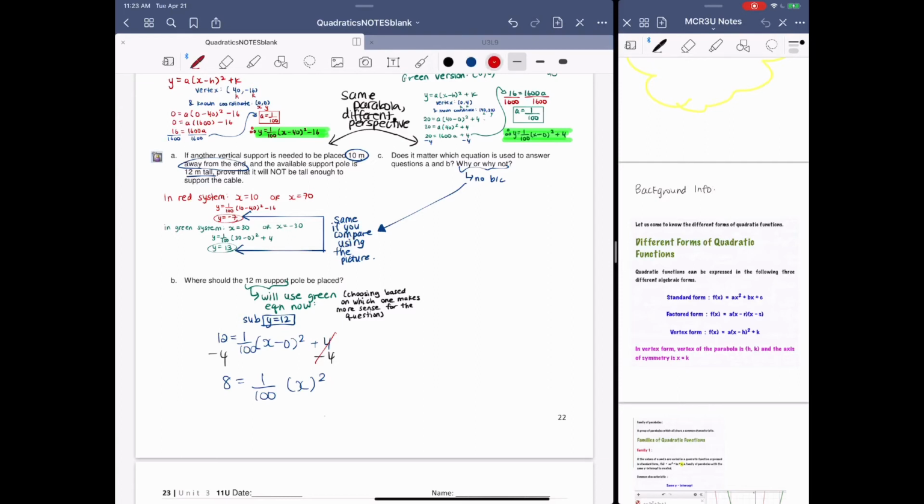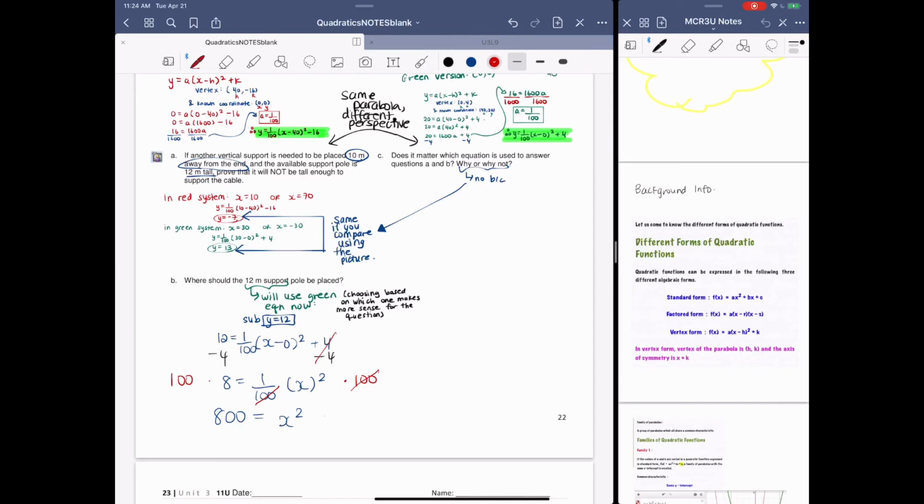Notice that by BEDMAS backwards, I want to get my x by itself. First, I'm going to multiply both sides by 100. I'm multiplying by the reciprocal of 1 over 100. That's going to get rid of the hundreds on the right side. I get 800 equals x squared.